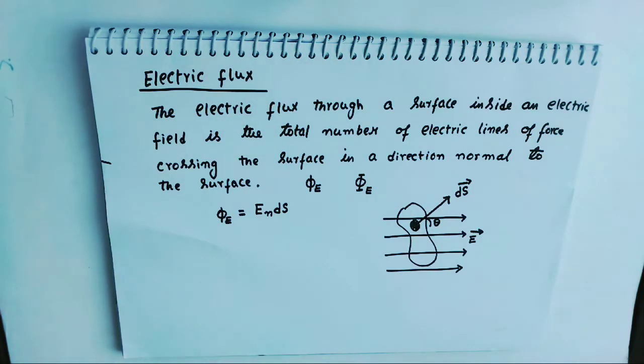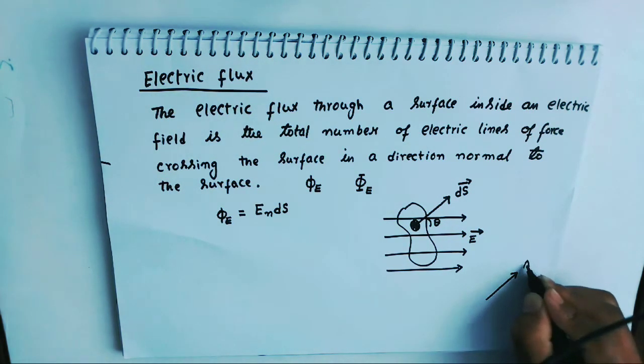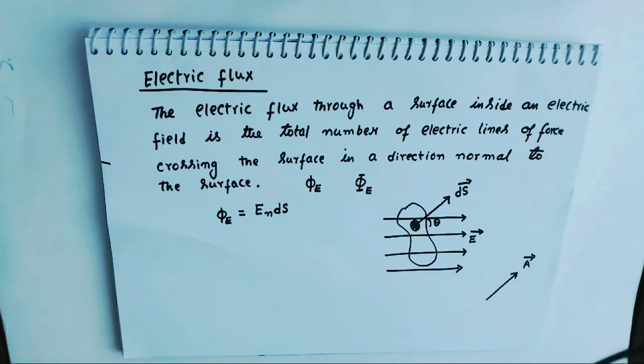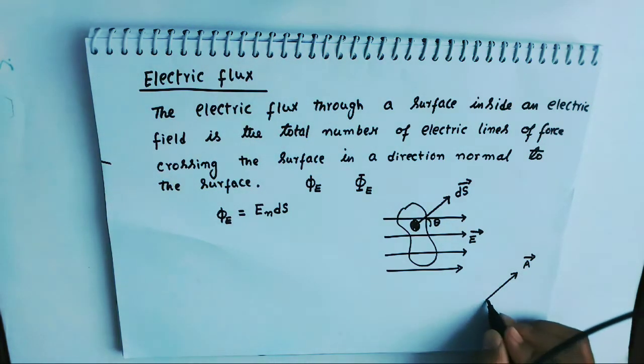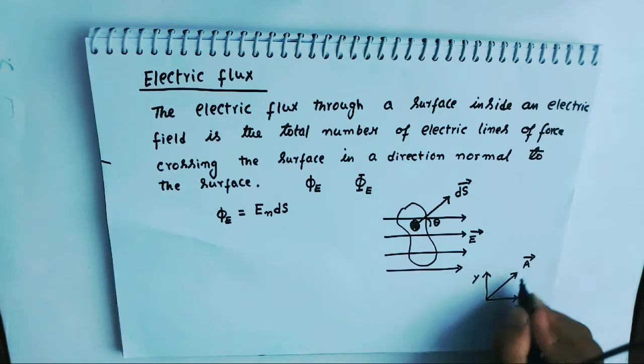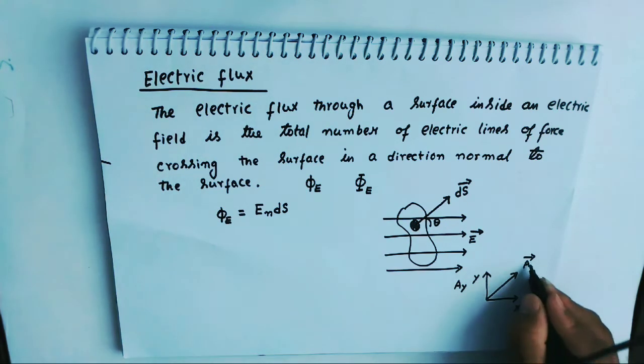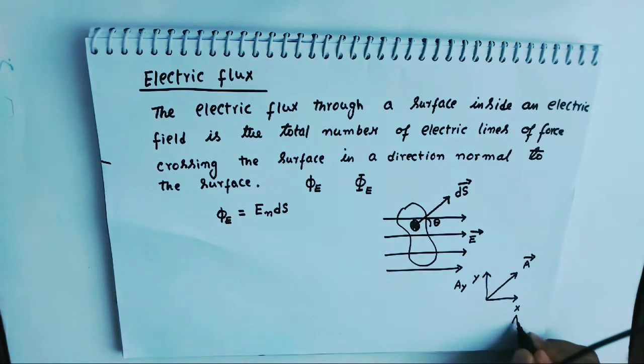We have also learned that if we have a vector A like this, and we want to resolve this vector A into components, say this one is x and this one is y, the component of A along y let us represent by ay, and the component of A along x let us represent by ax.